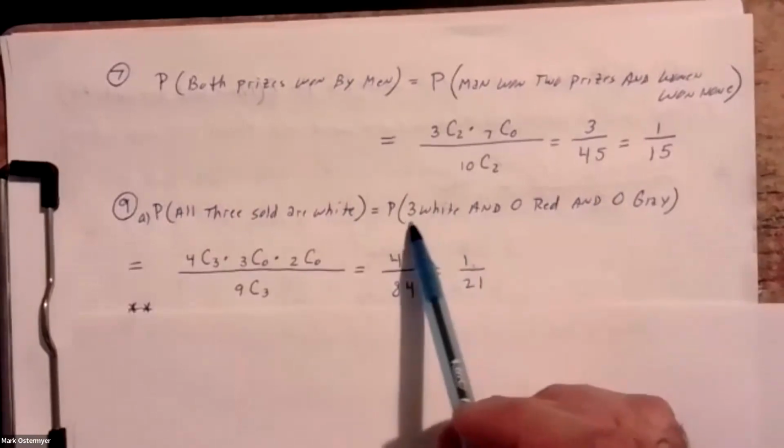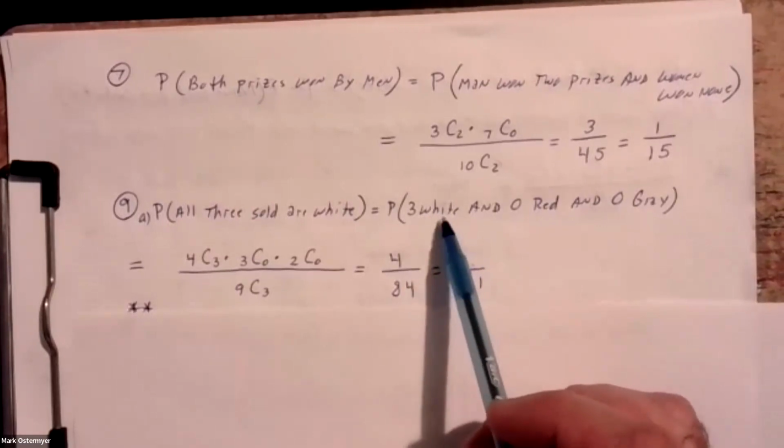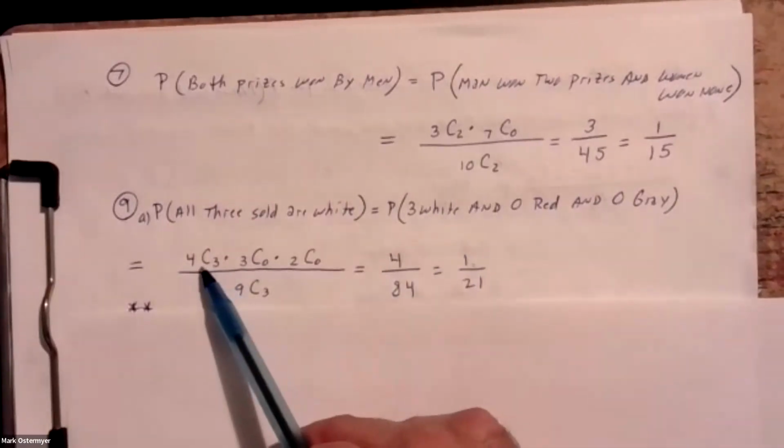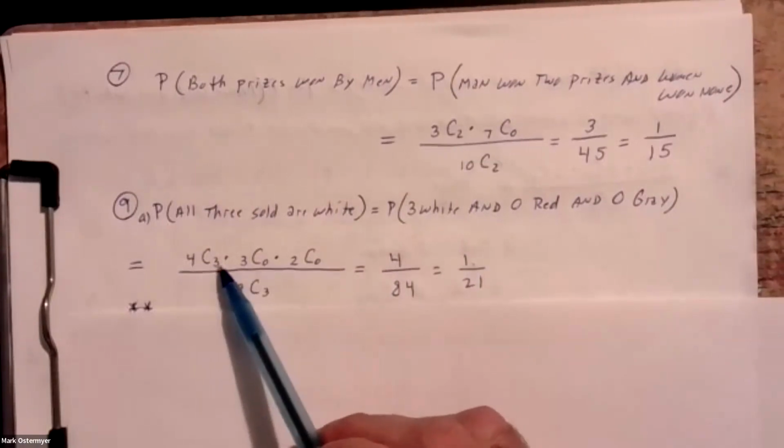Well, this first probability here, 3 white are sold. We have 4 white automobiles to choose from, and we're going to sell 3 white automobiles from those 4.